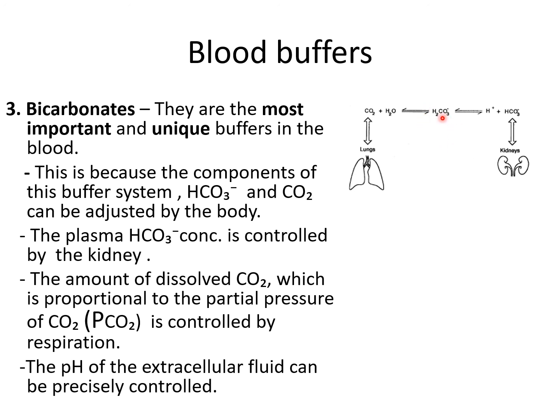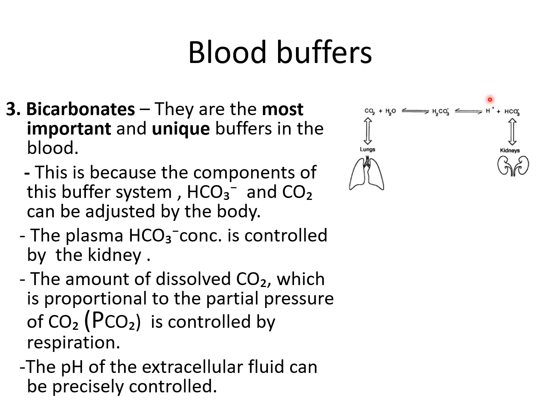But normally it does not happen, because this H2CO3 dissociates into CO2 and H2O, and the CO2 is exhaled by the lung. So the pH from 7.4 hardly decreases to 7.2 or 7.3 only.